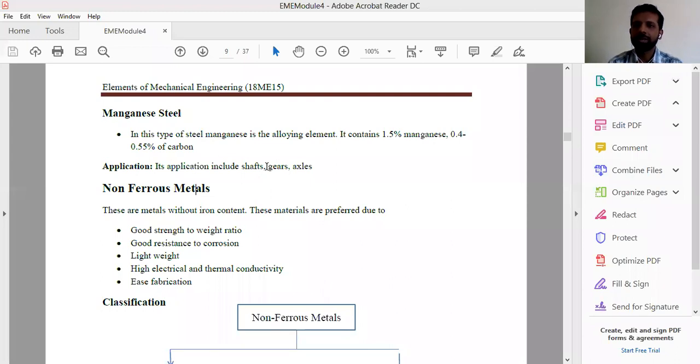They are quite heavy in places where we don't need that at all, right? So in those cases we have to find certain other metals that have the desired properties.